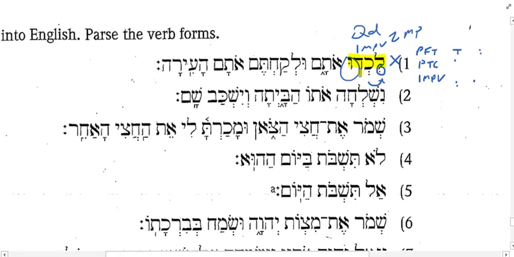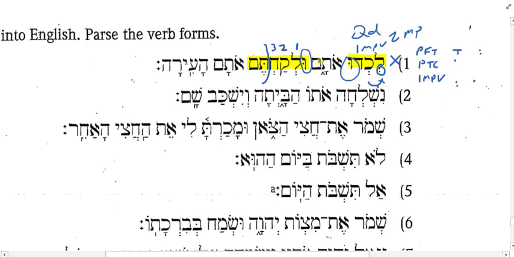All right. Notice that in sequence with likdu, an imperative, I have ulekachtem. Ulekachtem. Does that look like an imperfect or a perfect type of verb? Which pattern is that using? The prefix or the suffix conjugation pattern? It's using the suffix conjugation. I'm using the perfect personal endings here, right?